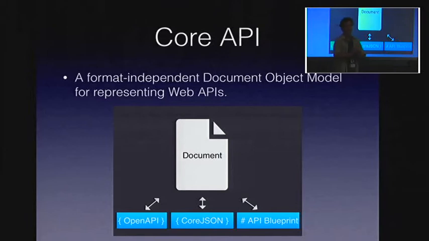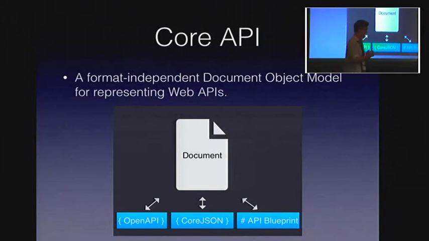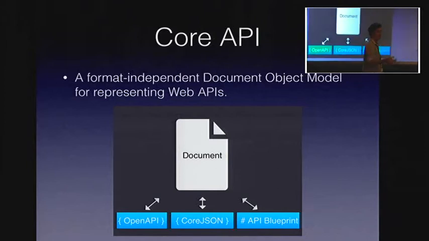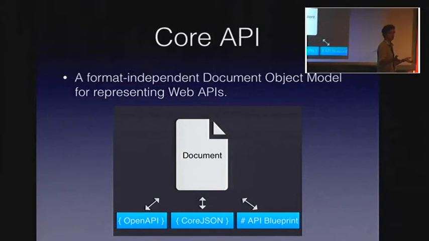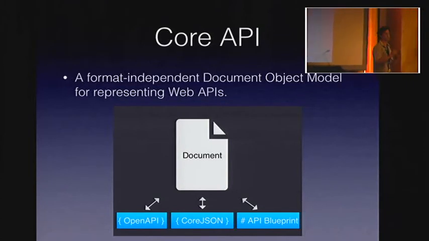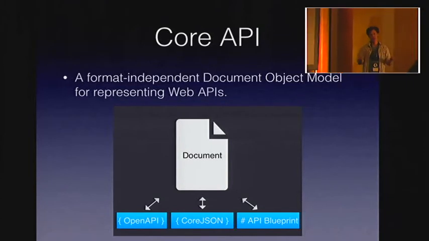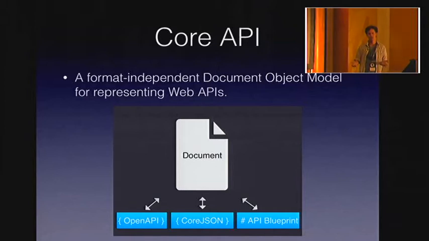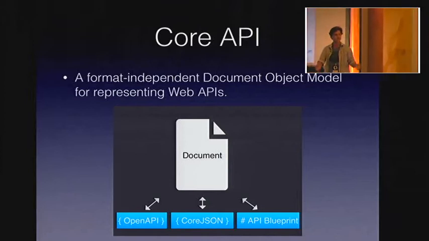And this abstract model is format independent. It's a simple set of different data types that you need in order to express an API and the available endpoints on it.